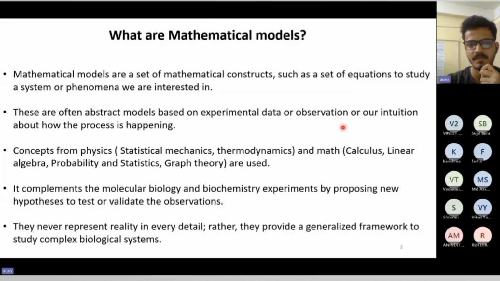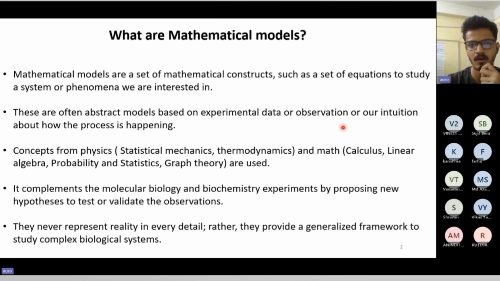Abstract model means we don't capture each and every detail of what is happening in biology. As you know, most biological processes are very complex, and the parameters and variables involved in each process, we cannot measure everything. So we try to build some simple models by taking concepts from physics, specifically from statistical mechanics and thermodynamics, and some parts of math like calculus, linear algebra, probability, and graph theory.